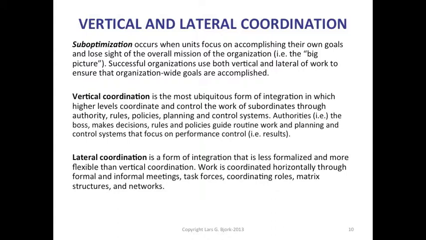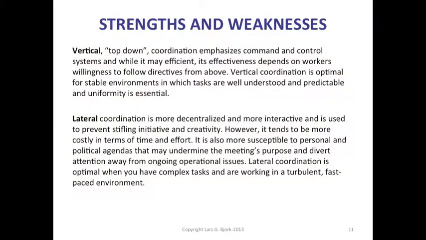Lateral coordination is a form of integration that is less formalized and more flexible than vertical coordination. Work is coordinated horizontally through formal and informal meetings, task forces, coordinating roles, matrix structures, and networks.